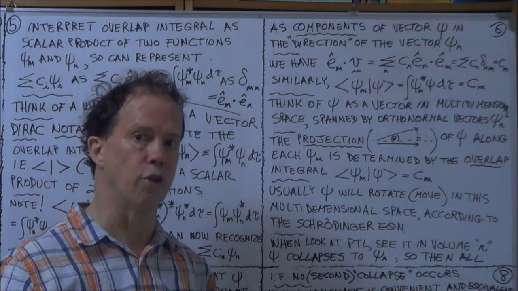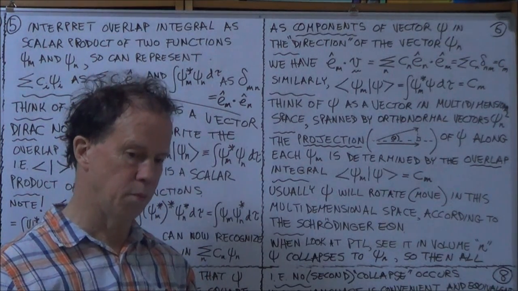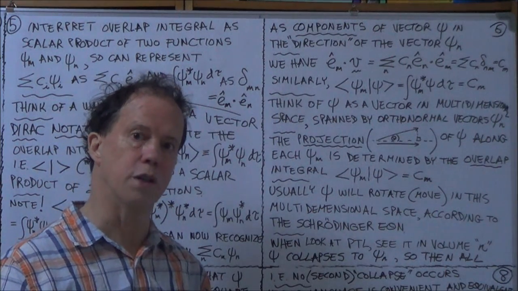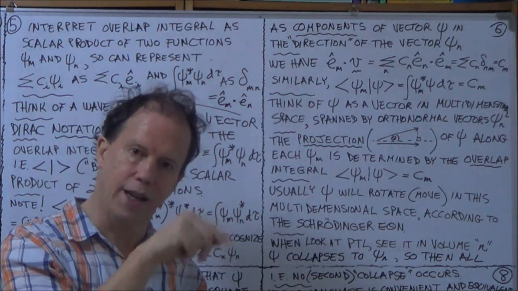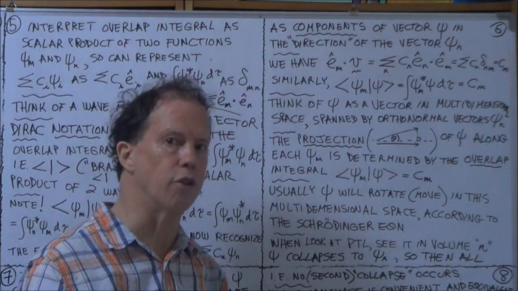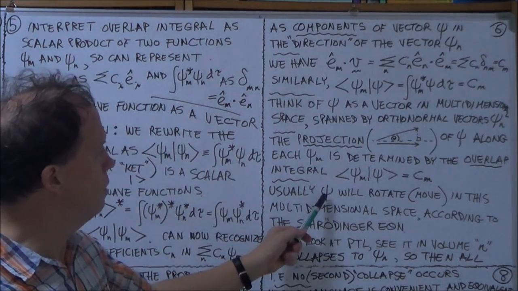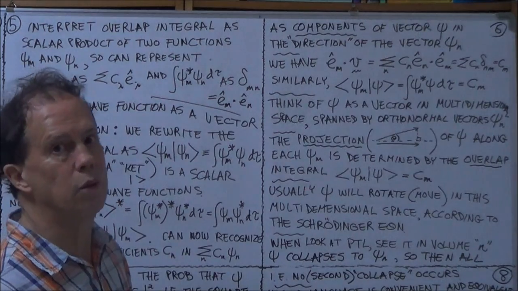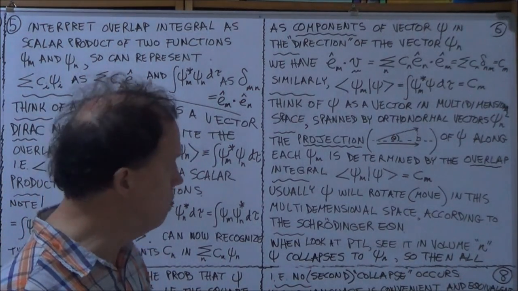Now this general vector here, this superposed vector psi, over time it will usually change because of the influence of the Schrödinger equation. The general Schrödinger equation is time dependent. There's a d psi by dt in the Schrödinger equation. So this general superposed wave function will change with time.